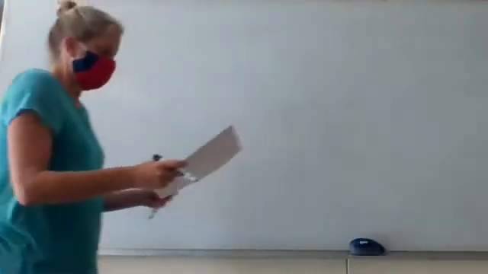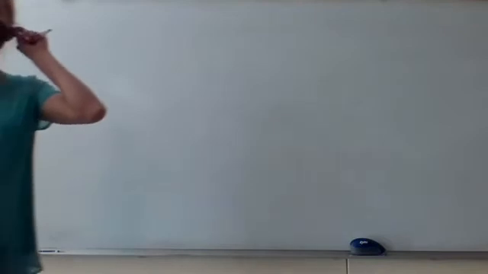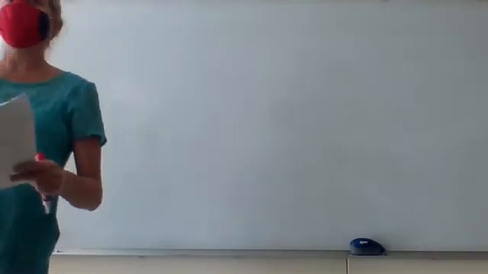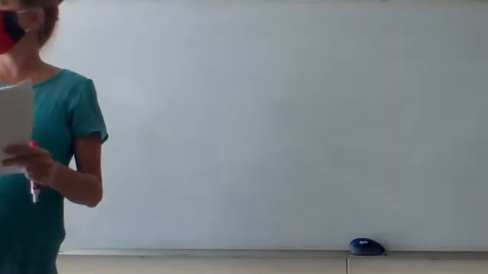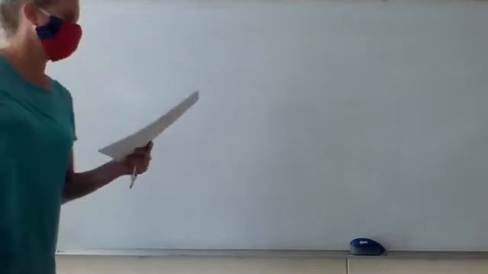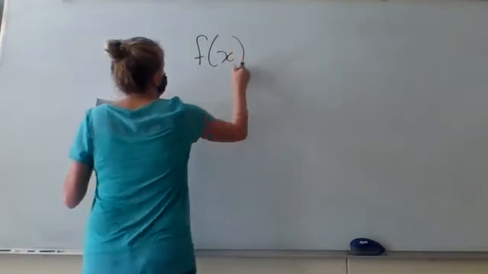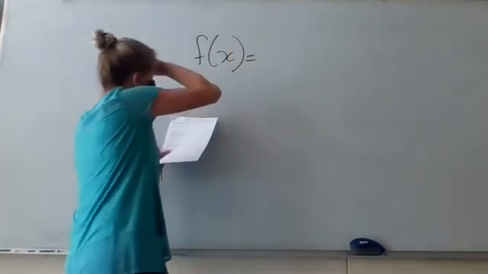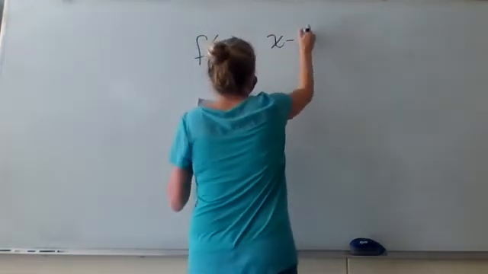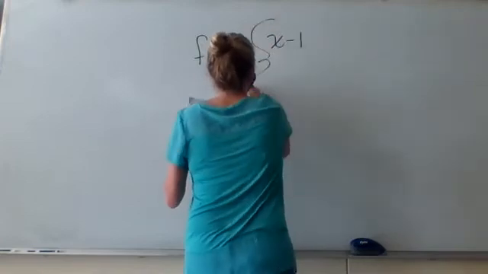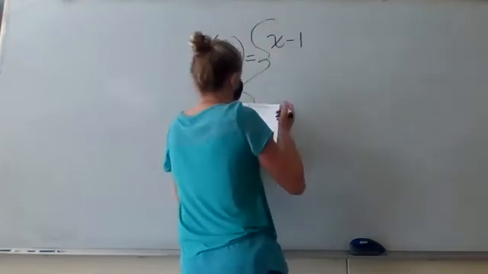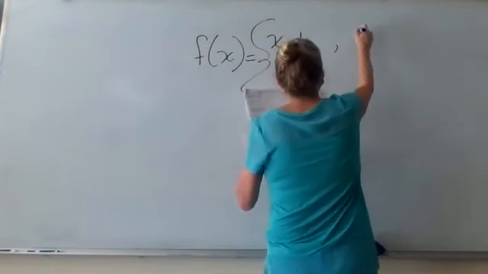Okay, numbers 1, 2, and 3 are going to give you a function. Each function is going to have 3 pieces. So number 1 looks like this. F of x equals x minus 1 for when x is less than negative 5.